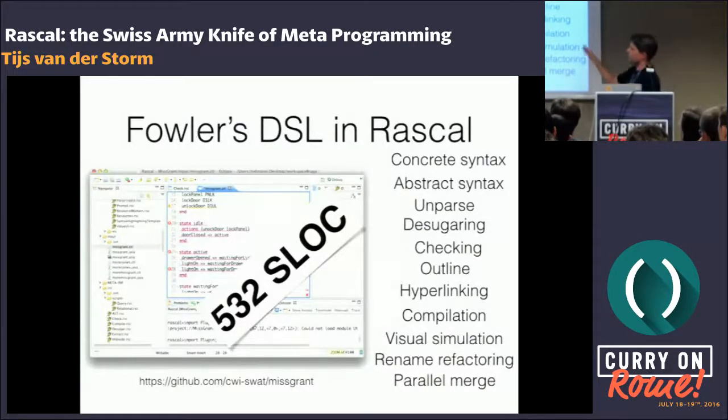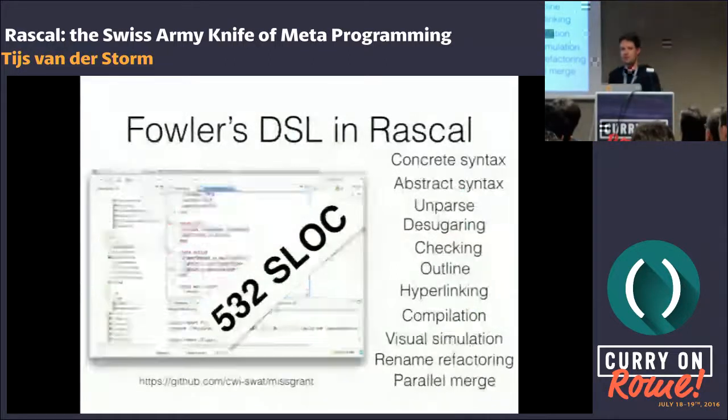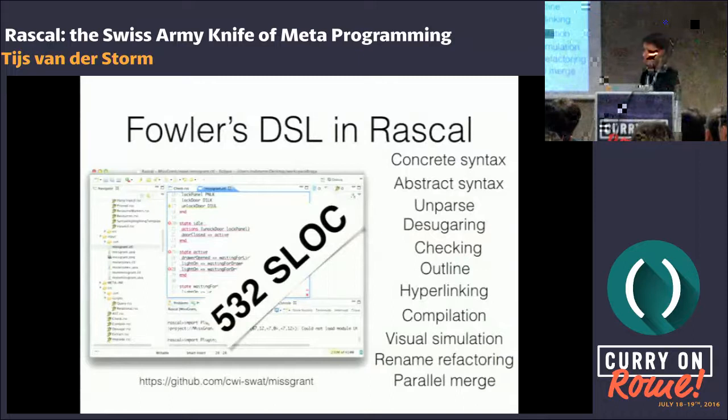You can write all that down in around 532 lines of code. And that's not an absolute yardstick, of course, lines of code, but it does show you that with minimum effort, you can get a long way, and this allows you to prototype your language much better, to iterate more quickly, and to be quicker in showing it to users in some sort of workable form instead of just on the command line.